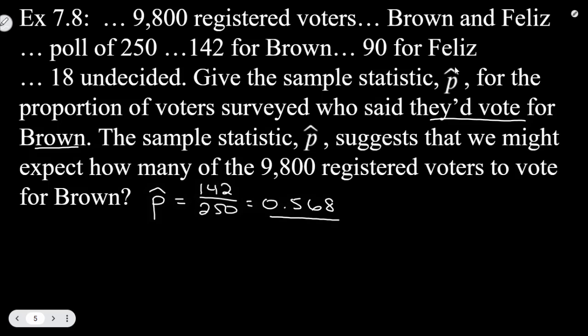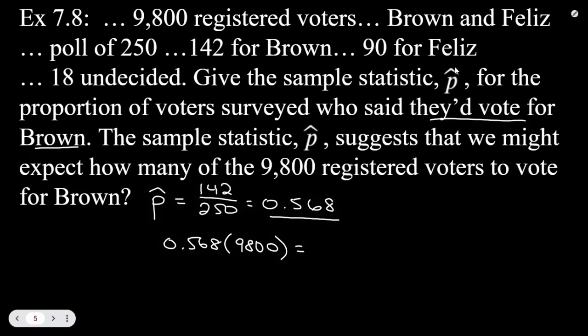The second part is to identify what that p hat suggests that we could expect from those 9,800 registered voters. How many of them would we expect to vote for Brown? Well, if our proportion of 0.568 carries over, all we would have to do is take 0.568 times 9,800, and that would be our number of voters who would vote for Brown.